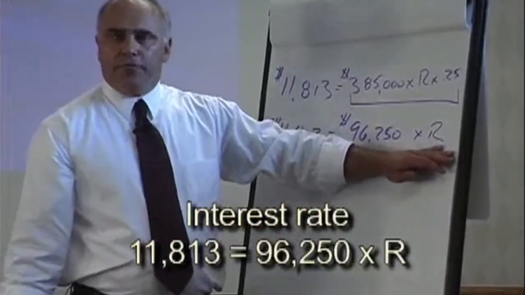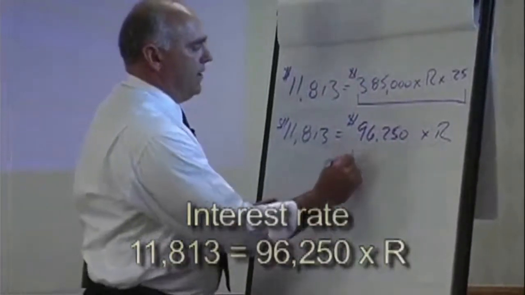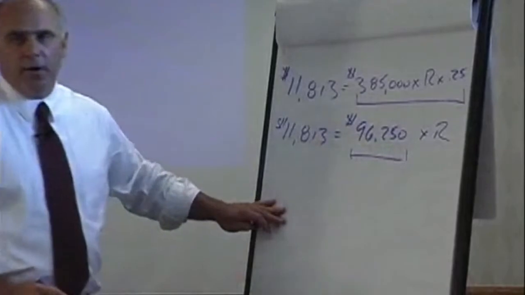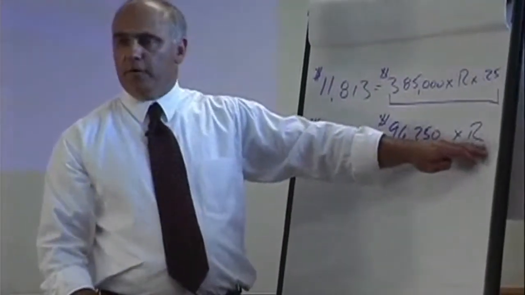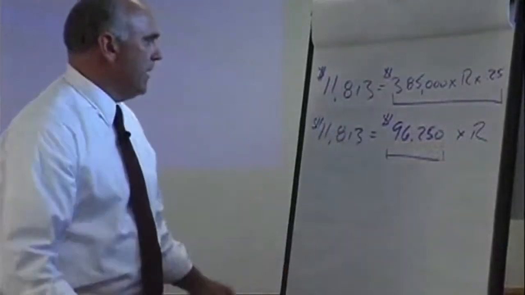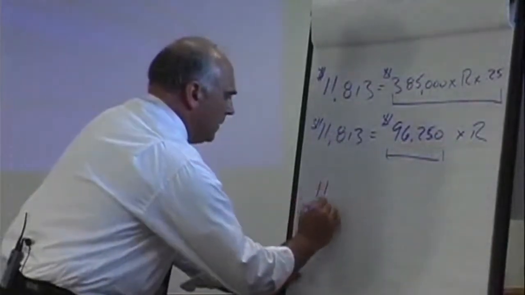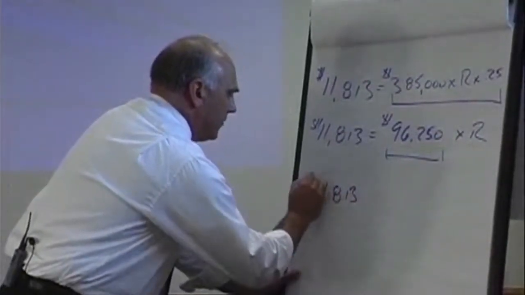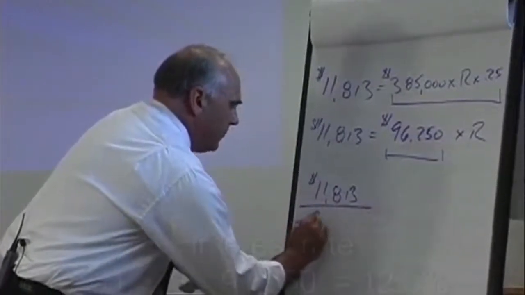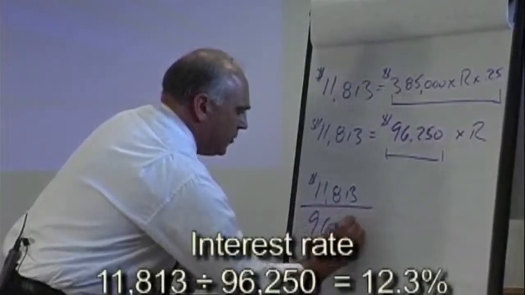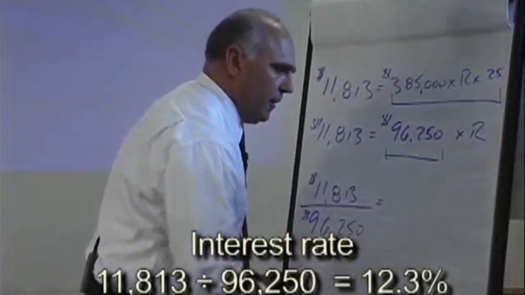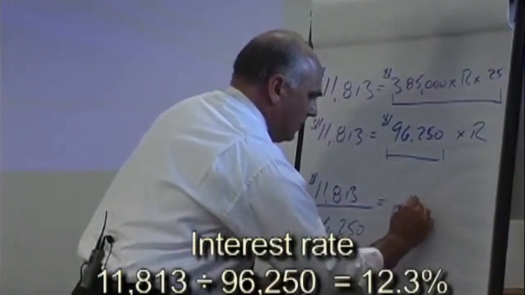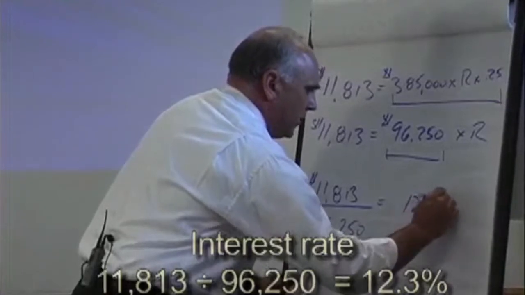To solve for the interest rate, we have to divide both sides of the equation by $96,250 to isolate the variable, which is the interest rate. And in so doing, $11,813 divided by $96,250 is equal to a long-term interest rate of 12.3%.